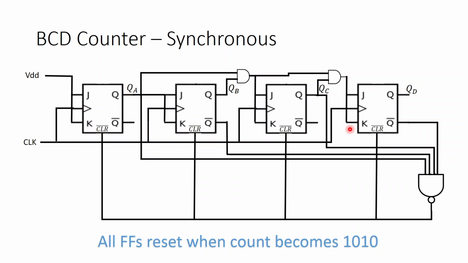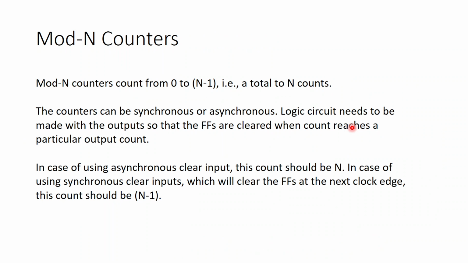But if it is required, then you have to think about that circuitry and implement it at the input side of the flip-flops for synchronous resetting. So that is the story about mod n counters and synchronous and asynchronous resetting.